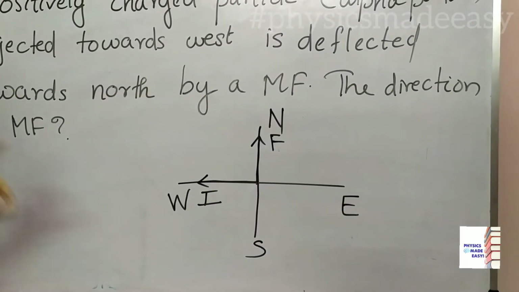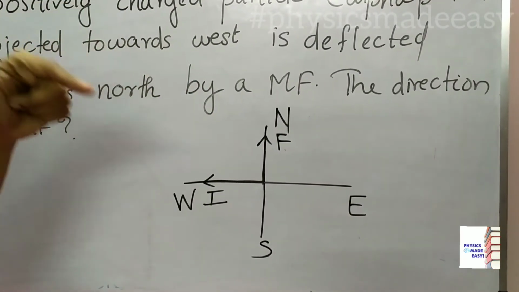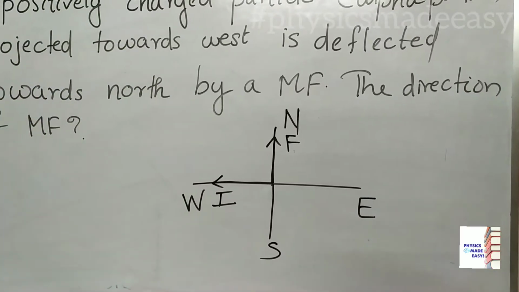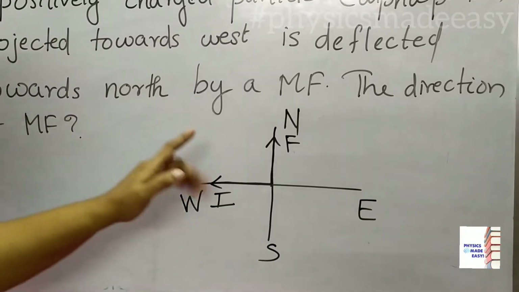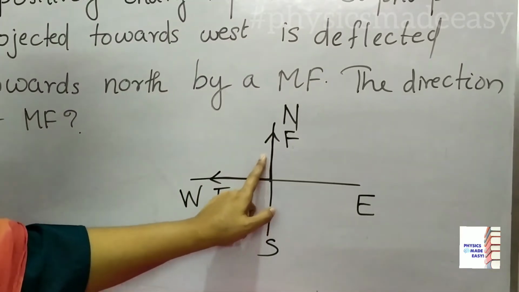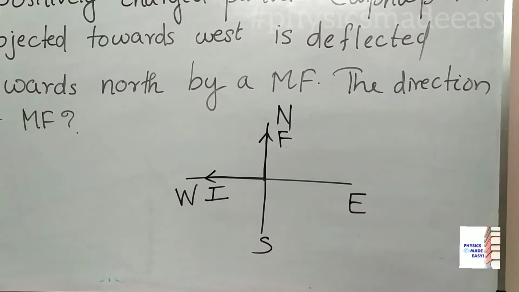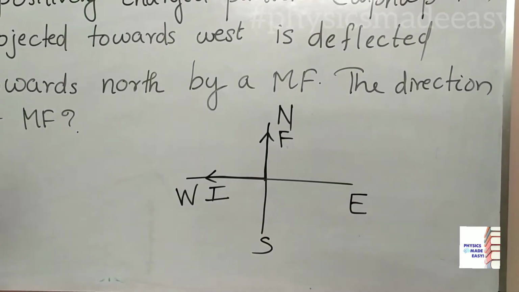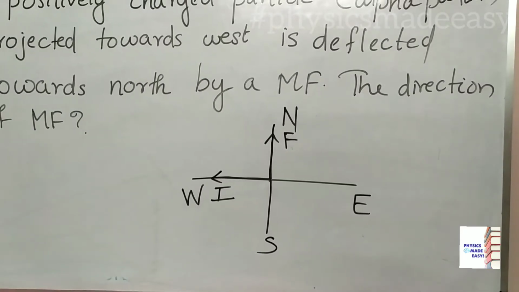Then it is given that this particle is deflected towards north by a magnetic field. So towards north is the direction of force, the direction of motion of that particle. From this we have to find the direction of magnetic field.